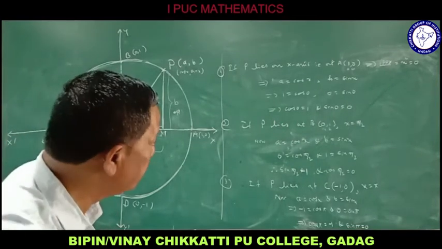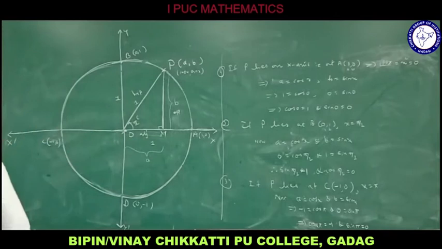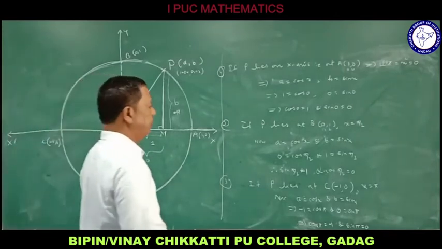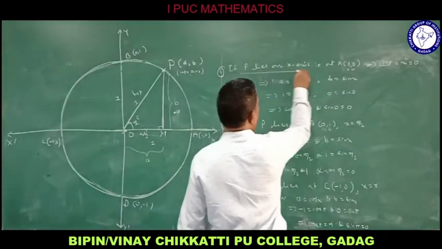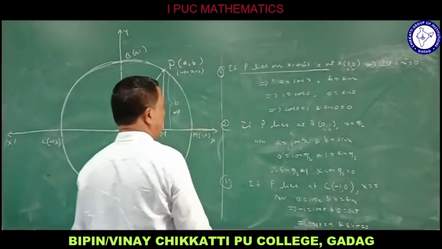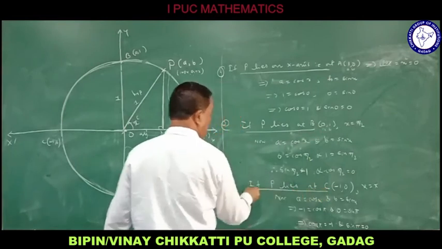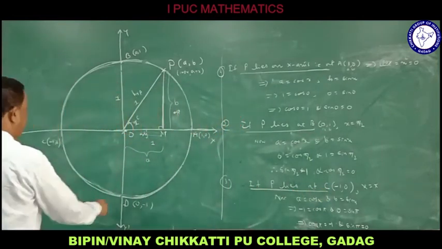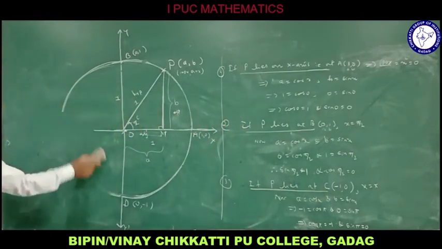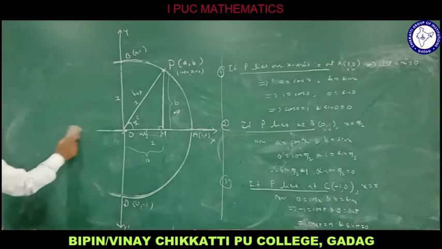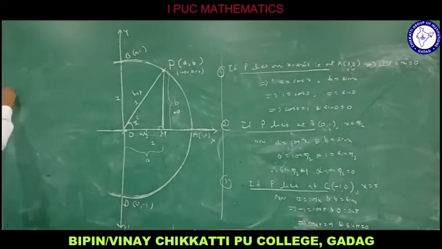Now I have to see the next part. Second is at B, third is at C. Now I want to explain at D. So what is the result? You can see this, 1, 2, 3, 4.